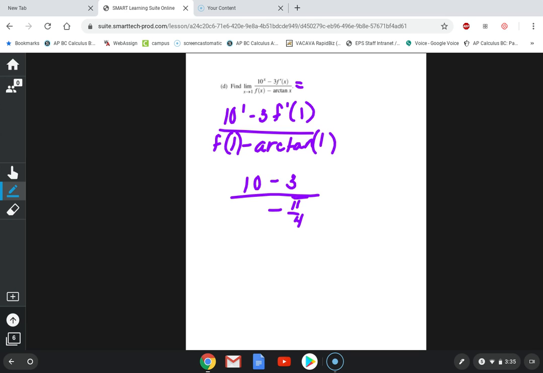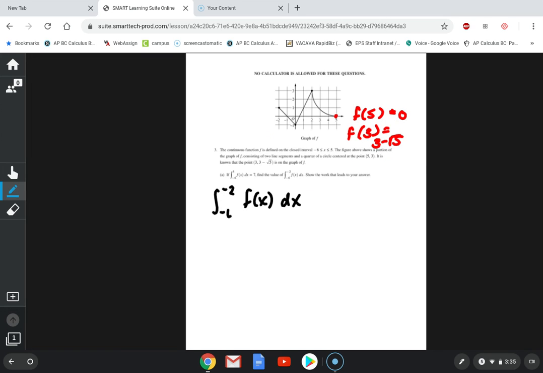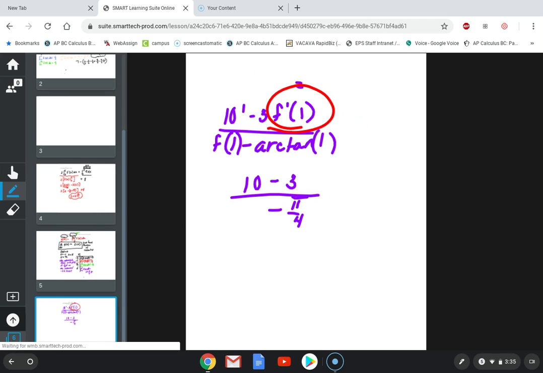Okay, now I need 3 times f prime at 1, looking at specifically this piece right here. So I am going to go back to the original diagram, and here is 1. I want f prime at 1. Well, f prime is the slope of the tangent line. So I'm looking at the slope of that line, and it is over 1 up 2. So the slope of the tangent line is 2.